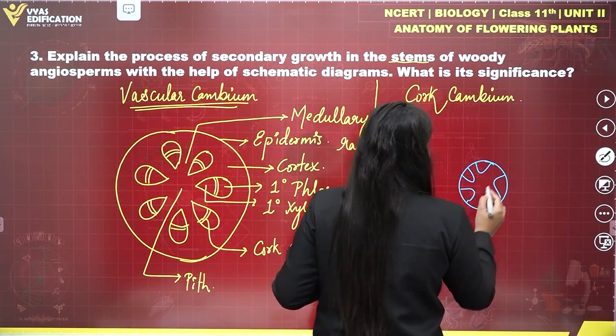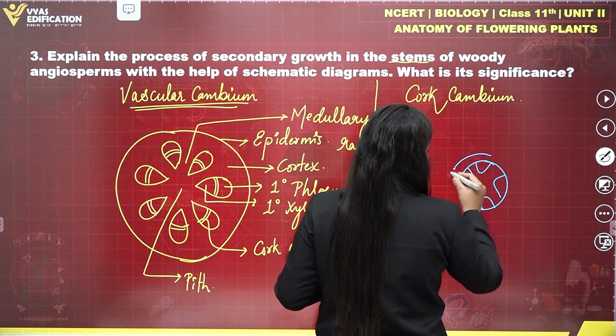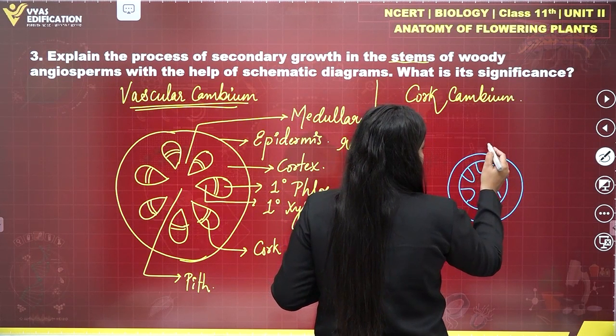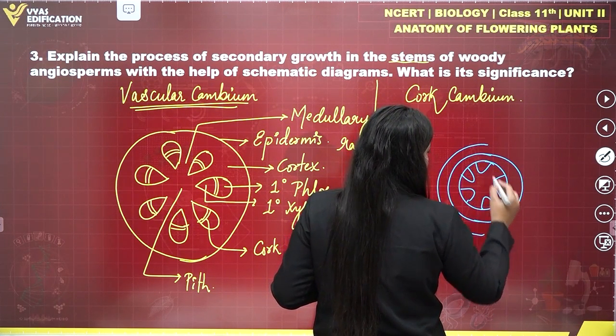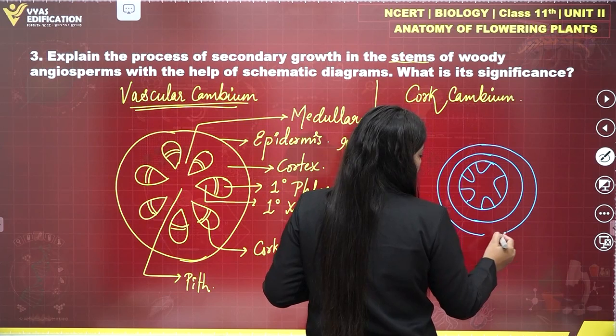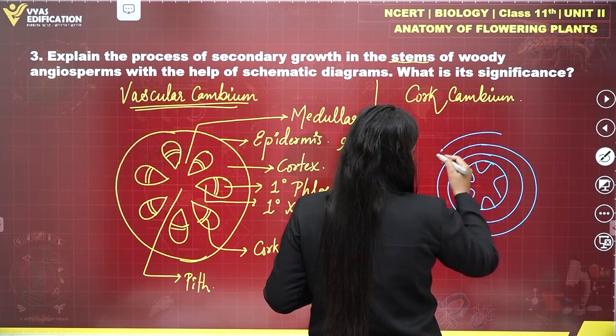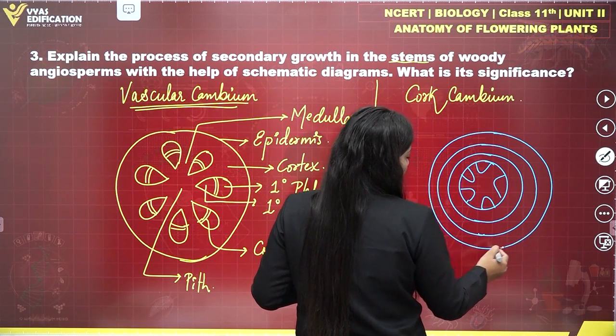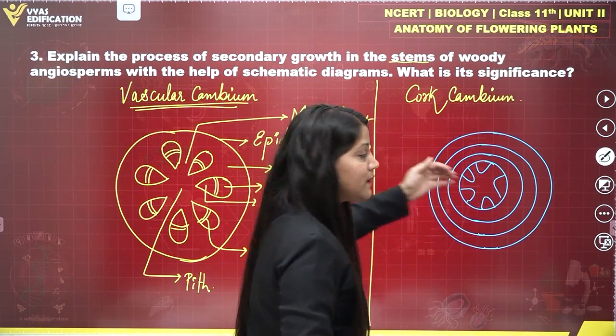So this is your circle having bundles, then this is your secondary xylem, then this is your phloem, then the secondary phloem on the outer side, secondary xylem on the inner side.